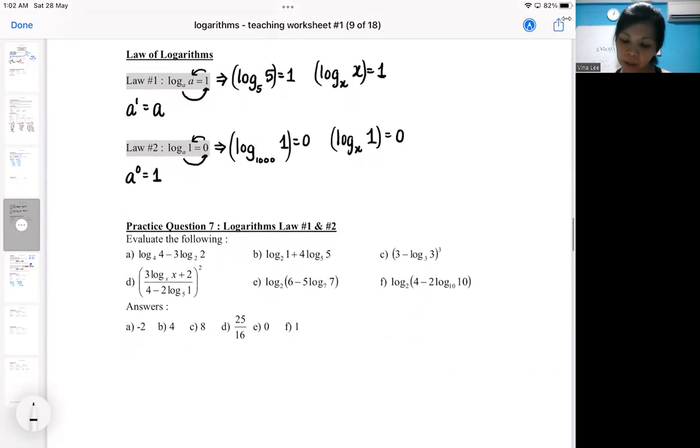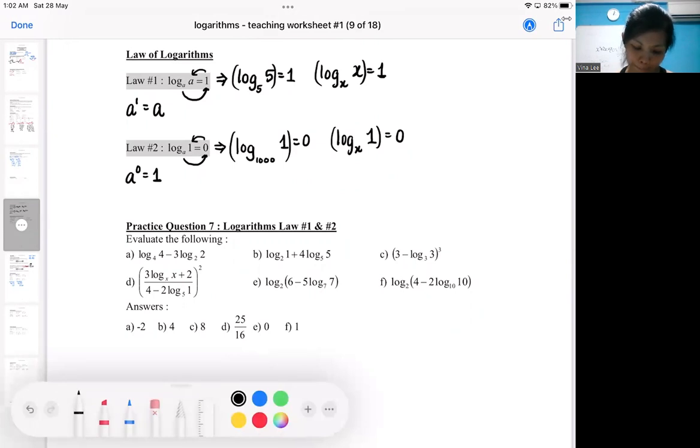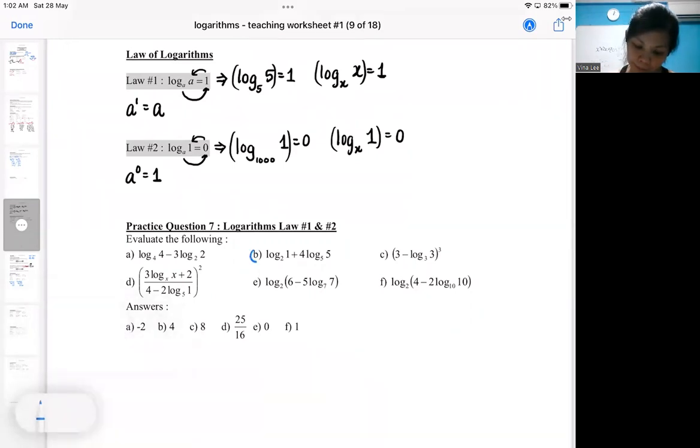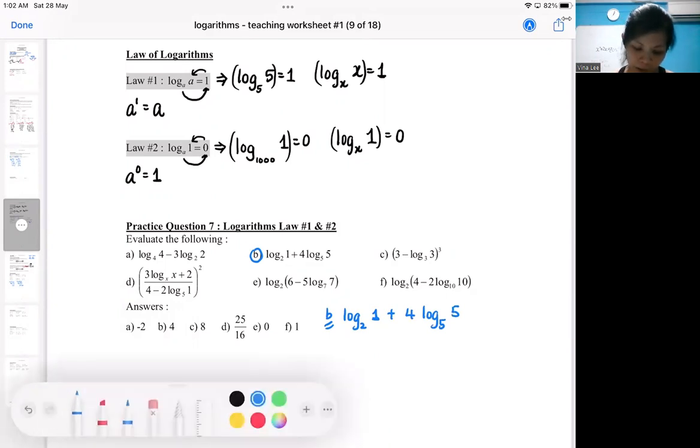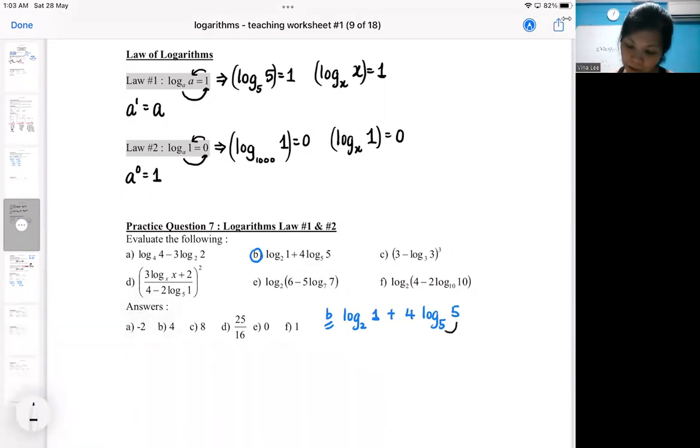So a very simple question can be something like part B. If you look at part B, the first log has an answer 1, and the second log has the same base and answer. So look carefully. This one has the same base and answer, so this one to me looks like rule number 1.